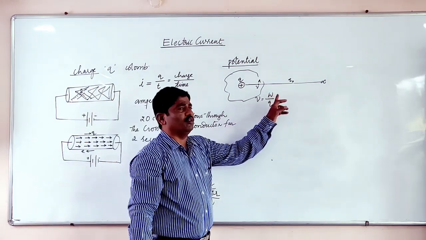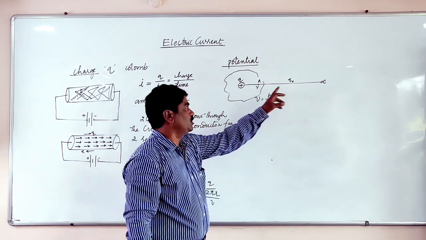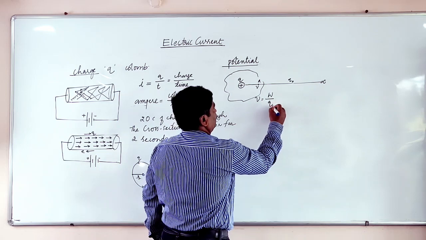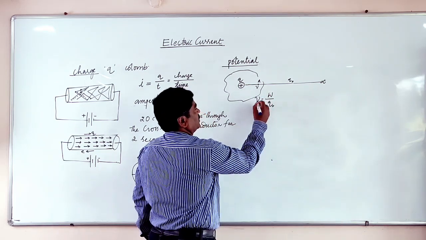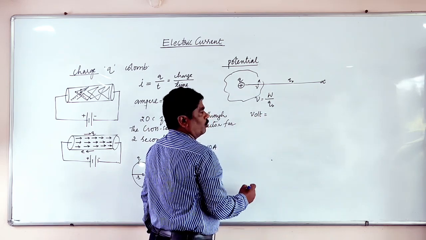The potential is the work done to move an electric charge from infinity to a point in an electric field, that is, work done per unit charge. The unit of potential is the volt.